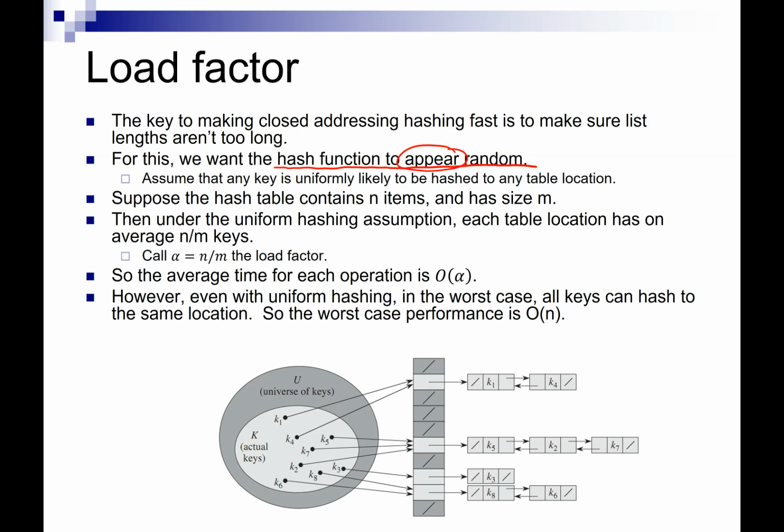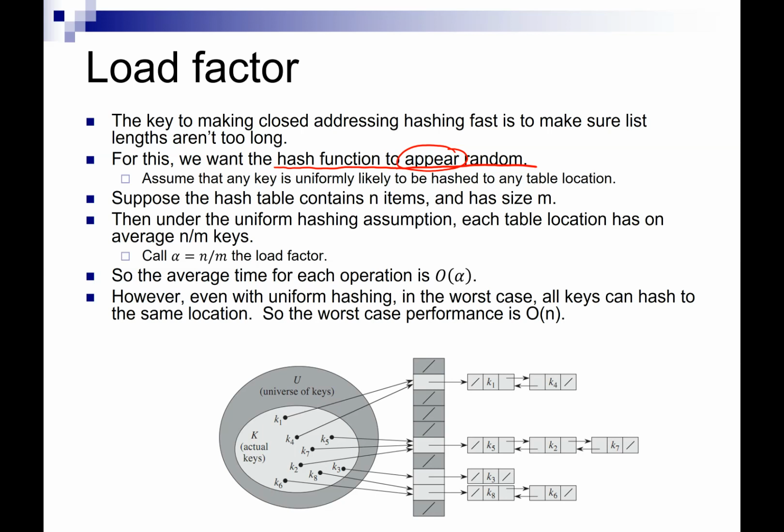This does not mean that the hash function actually is random. The hash function has to be a deterministic function, and if it's a deterministic function, then it's kind of the same way we talked about, if you remember, the first problem we had where you had a string of half A's and half B's.